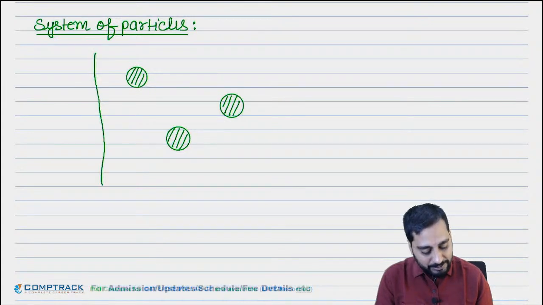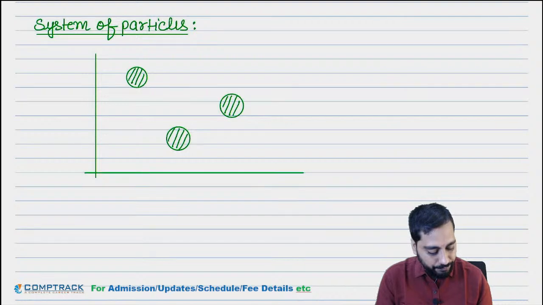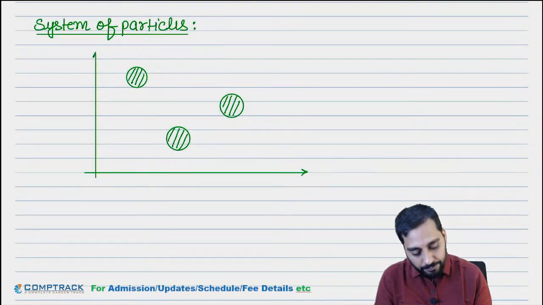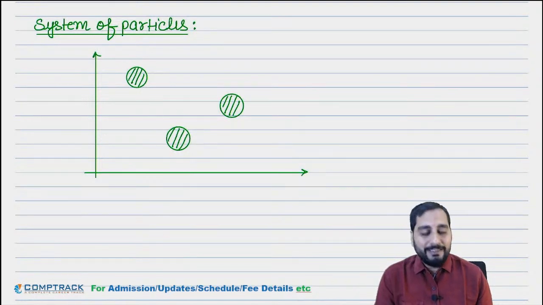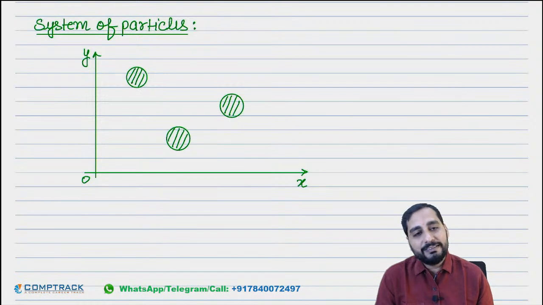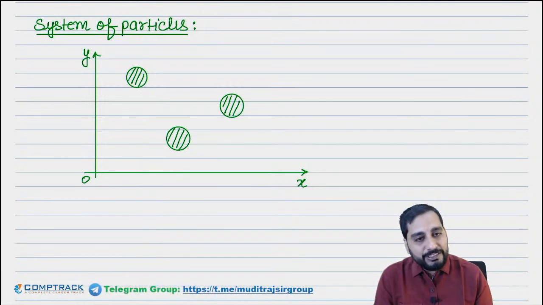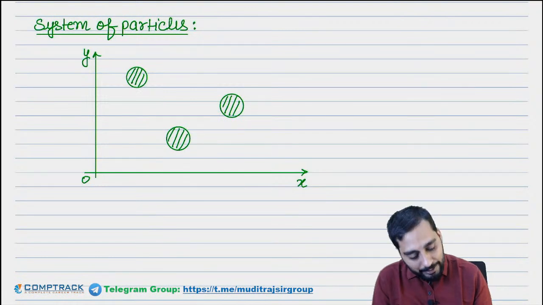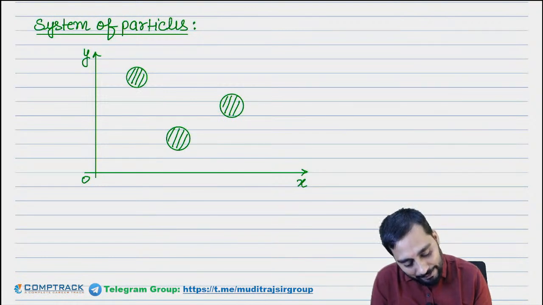First thing you will consider axes x and y here. Let's say all particles are lying in the same plane, let's say on a table. So this is particle 1. Its mass is, let's say, m1.